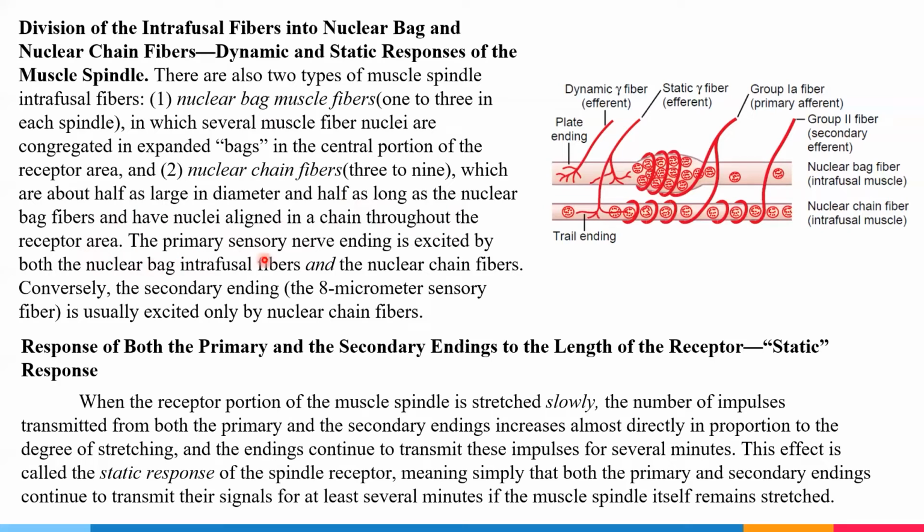The primary sensory nerve ending is excited by both the nuclear bag intrafusal fibers and the nuclear chain fibers. Conversely, the secondary ending, the 8 micrometer sensory fiber, is usually excited only by nuclear chain fibers.